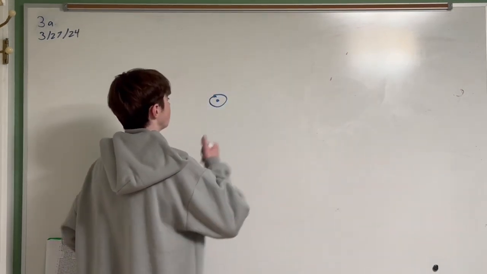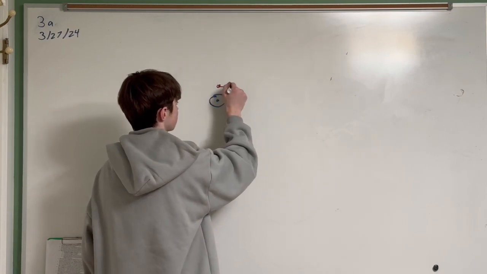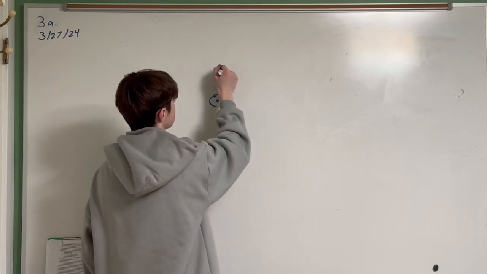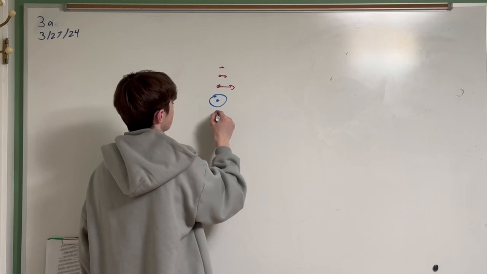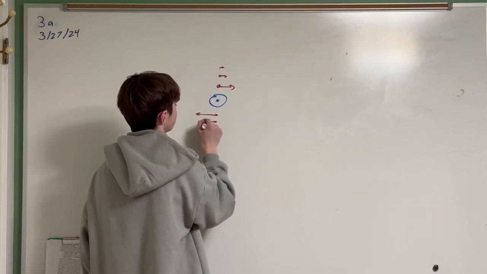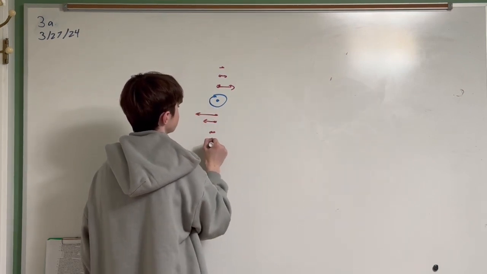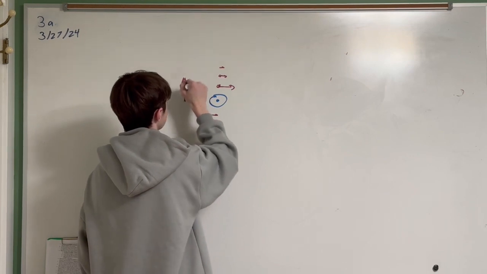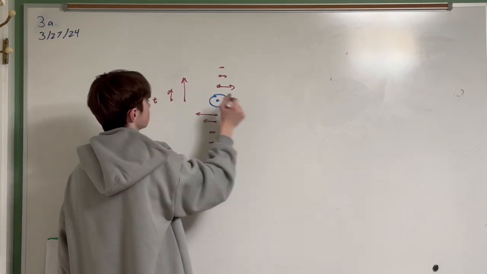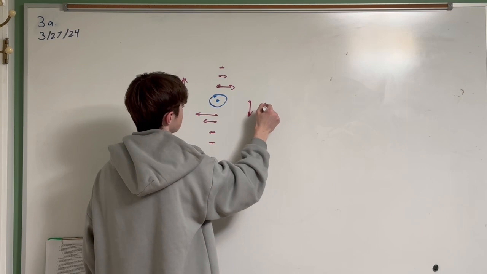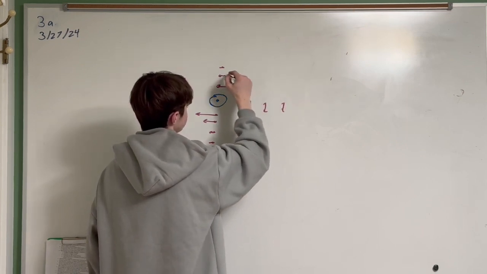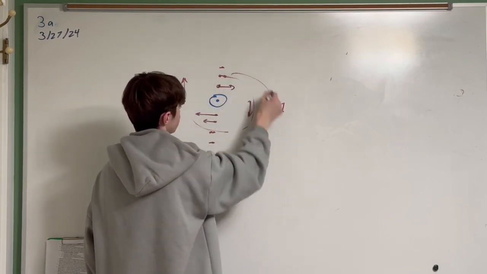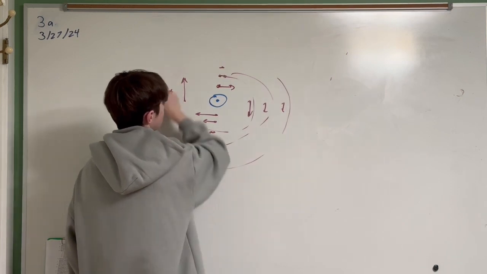So the vector field for the magnetic field is going to look like this. It has higher magnetic fields as you get closer and lower as you get farther. And these are all going to be moving in a circle. That's the whole point of this.